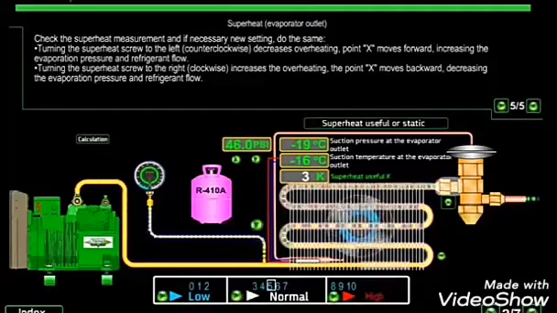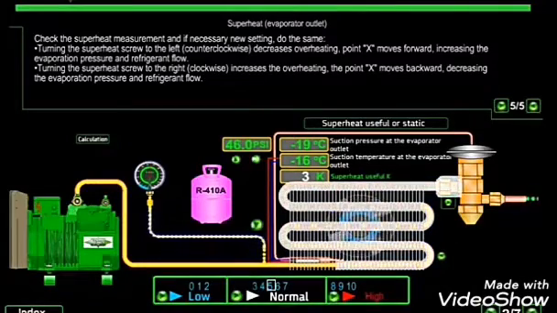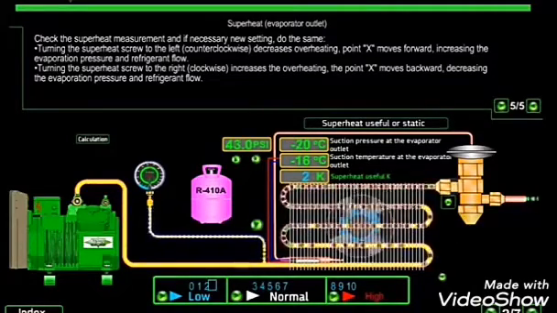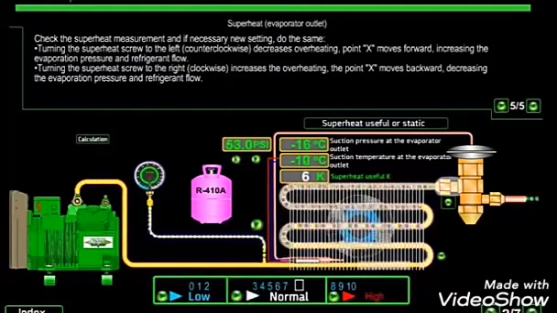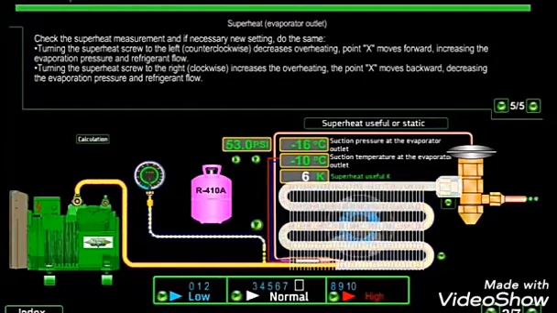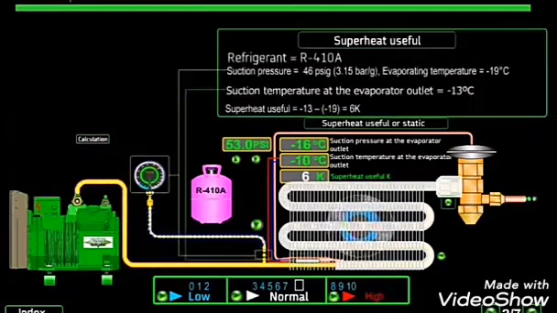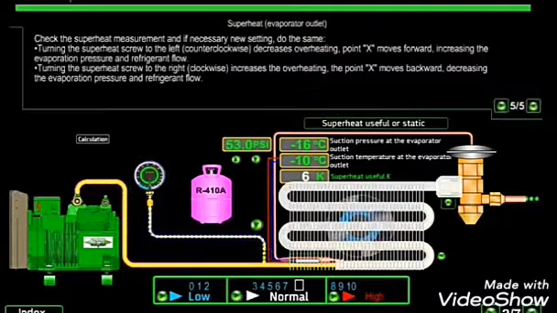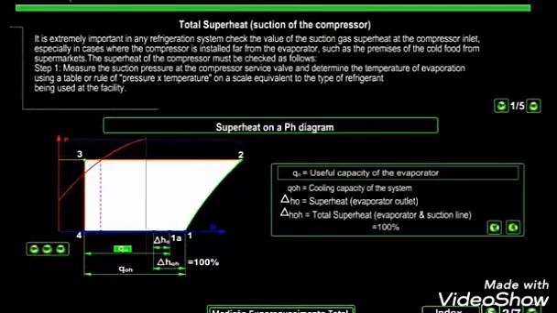How to measure superheat. Step 1, determine the refrigerant type for your system. Second one, attach the pressure gauge. Third one, convert the pressure read on the gauge using a suitable comparator service gauge.